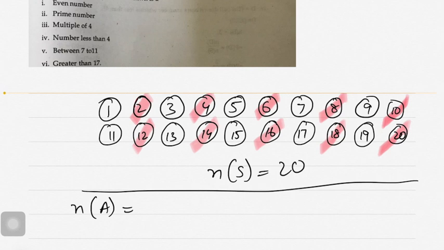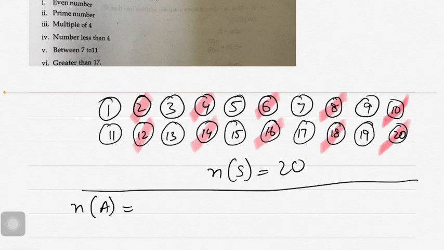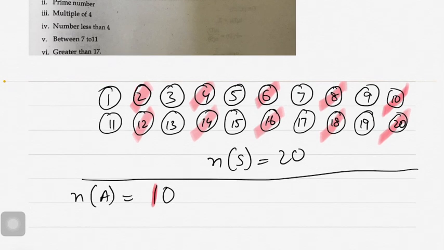So there are 10 balls which contain even numbers, right? So your n of A will be 10. Correct? So your P of A will be 10 by 20, which is 1 by 2. Correct? Okay. So this is the first part.